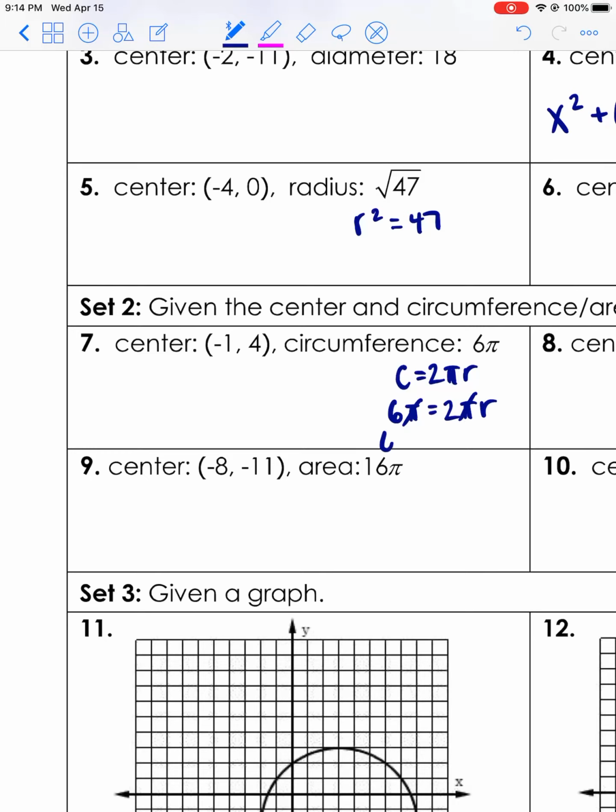So 6 equals 2 times r, meaning r equals 3. You first need to find the radius, and then you can plug that into your equation. So that's x plus 1 squared plus y minus 4 squared equals 3 squared, 9.